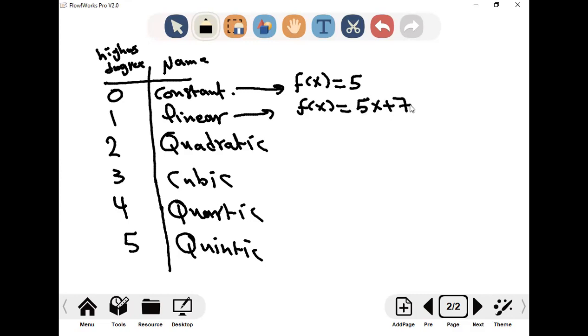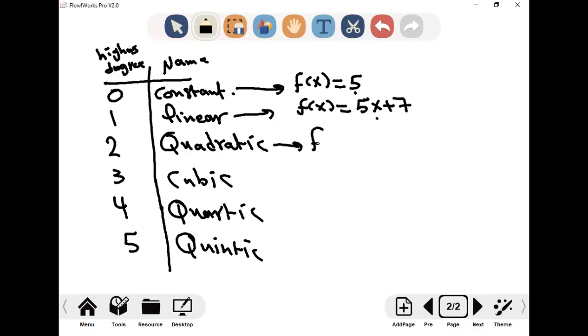This we call linear function. The highest degree on x is what? 1, but we don't write the 1 here, right? So if you have no exponent, don't say the exponent 0 here. I'm talking about the exponent on x, on the variable only.